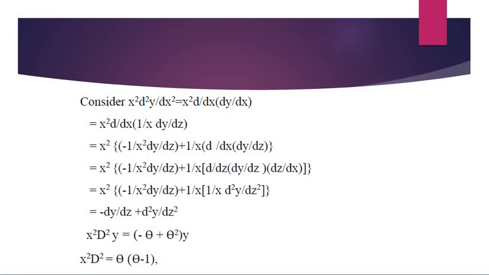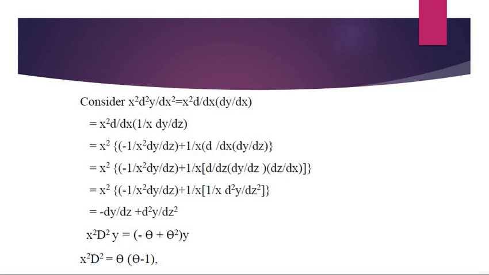Consider x squared d squared y by dx squared. That can be written as x squared into d by dx of dy by dx. Here you can replace dy by dx as 1 by x into dy by dz. Therefore we have x squared d by dx of 1 by x dy by dz. By using the UV formula, we have x squared into the differential of 1 by x, which is minus 1 by x squared, into dy by dz, plus 1 by x into the differential of dy by dz with respect to x, which is d by dz of dy by dz into dz by dx.